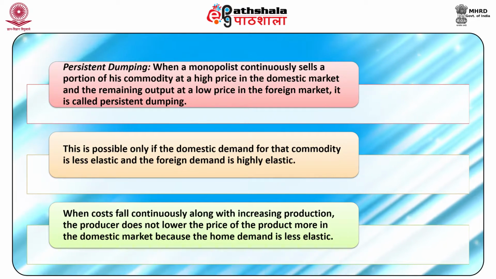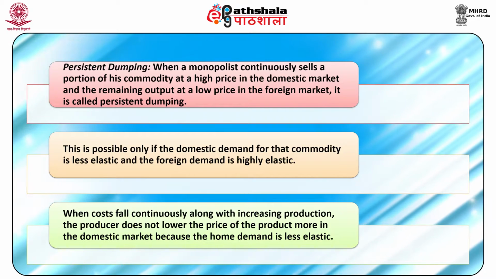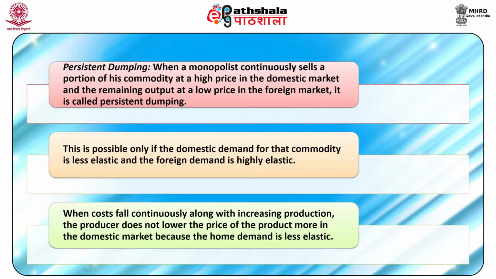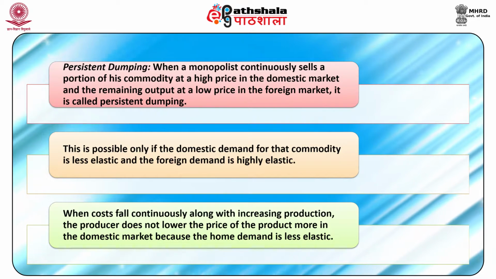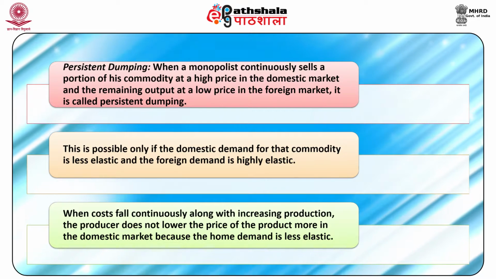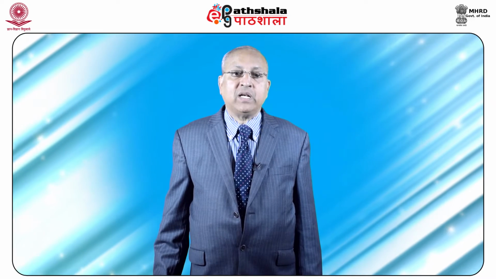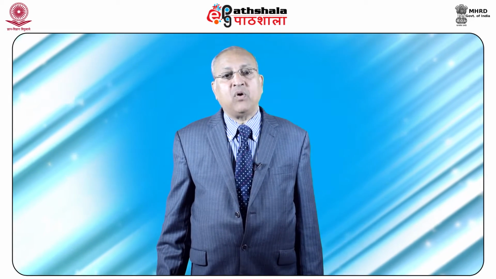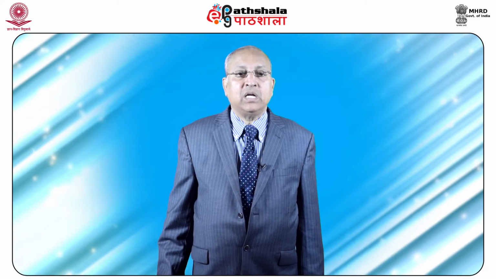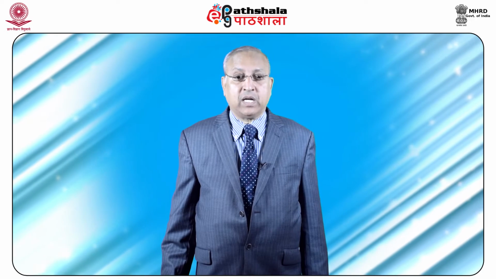When costs fall continuously along with an increase in production, the producer does not lower the price of the product more in the domestic market because the demand in the home market is less elastic. However, he keeps a low price in the foreign market because the demand is highly elastic in that market.